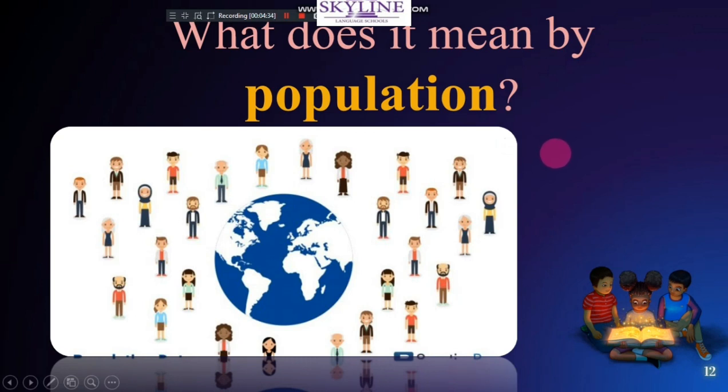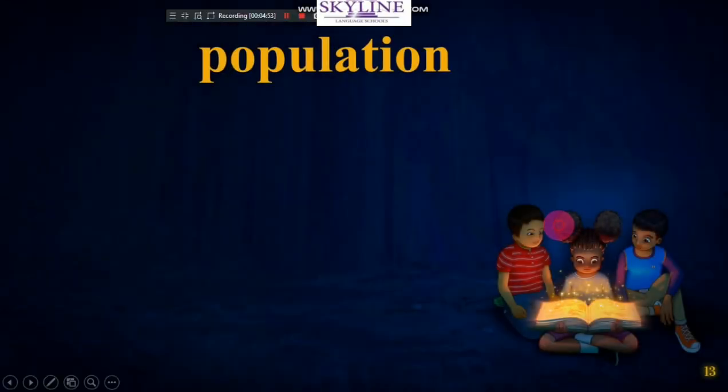What does population mean from this picture? Look, population means the number of living organisms of one type of species living in an area together.